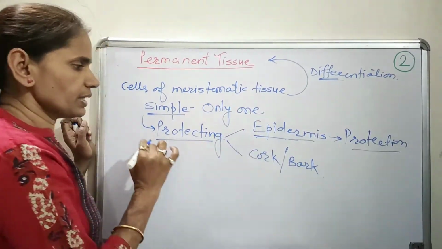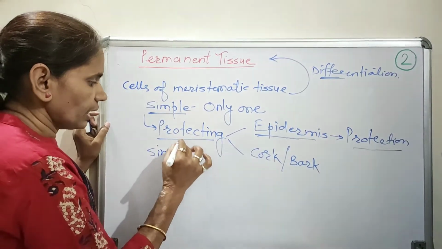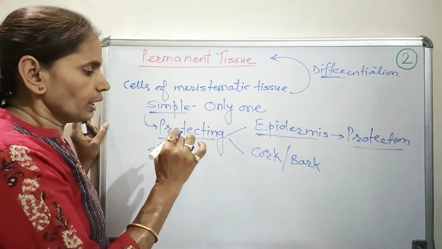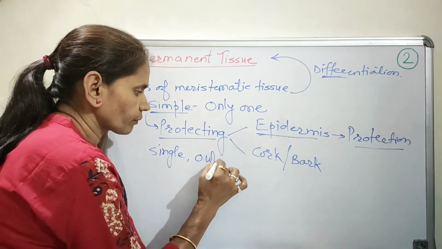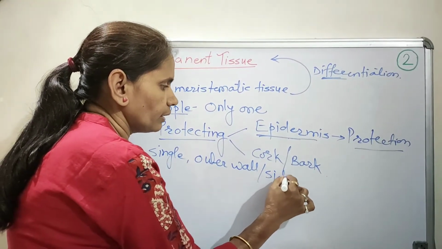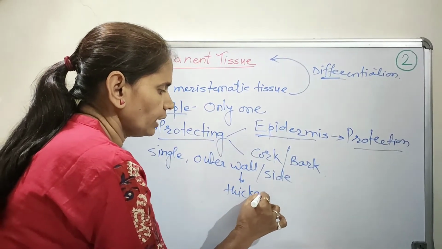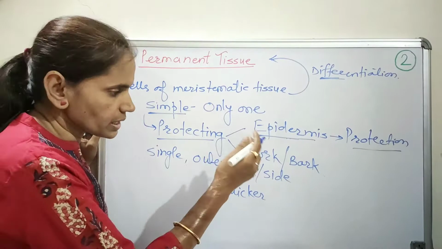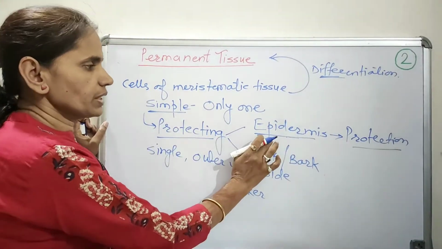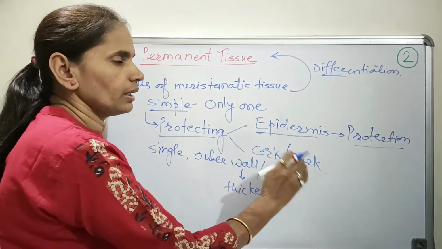These epidermal cells are a single layer, and they are live cells. The outer wall and the side wall are thicker than the inner wall, while the inner wall is thinner.